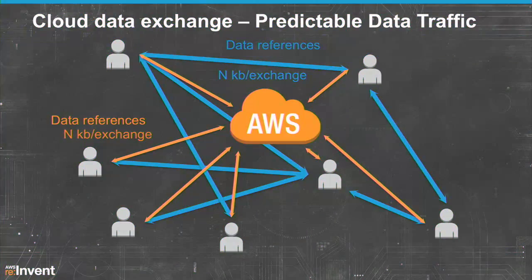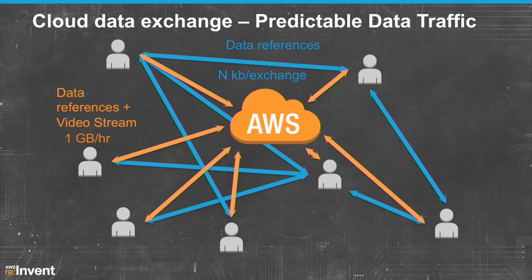Every time you send a data set around, that will be the size of the data set times the number of times you send it. If you keep your data in the AWS cloud, you only send references to the data, and those tend to be relatively small, and then you have a fixed cost with the bandwidth that's required for application streaming. And even that bandwidth is not always used because users are not always manipulating their data. So there is a maximum well-known bandwidth that's needed, and the reality tends to be lower.